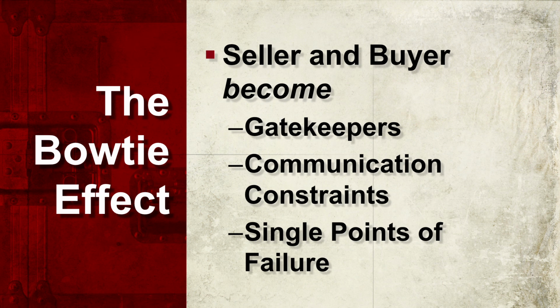What happens in this bow tie effect is that these two individuals become gatekeepers for information. Sometimes one gatekeeper will tell the other gatekeeper to go talk to my people and go around me, and speak to them directly, but I still have one gatekeeper to the other company. When I have gatekeepers, I get miscommunication.